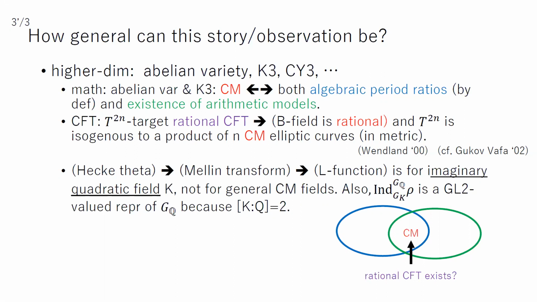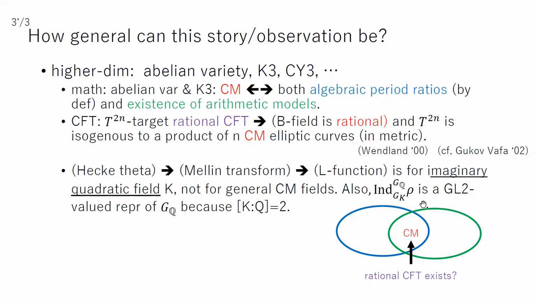Also another observation is that we may have a representation over the field. We get a GL2 valued representation of the Galois group over the field of rational numbers Q, because we get it as the induced representation of the Galois group of the field K. But this is GL2 valued because the imaginary quadratic field is a degree 2 extension of the field of rational numbers.